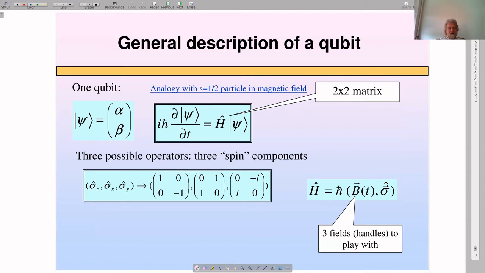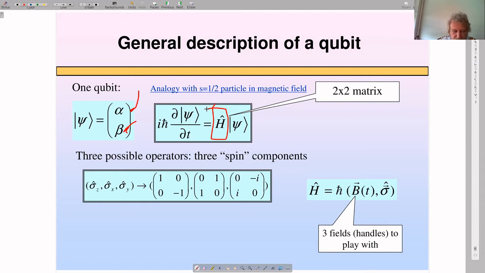If you have a wave function which has only two components, and you want to make a Hamiltonian which works with this wave function, it can only be a 2x2 matrix.